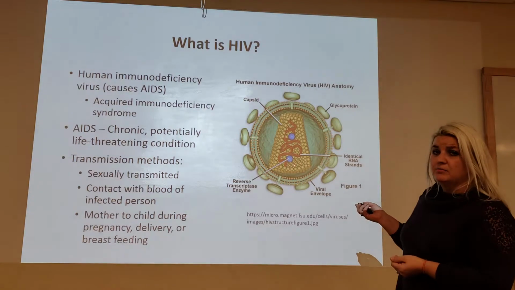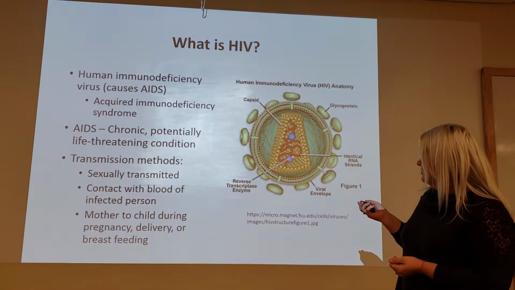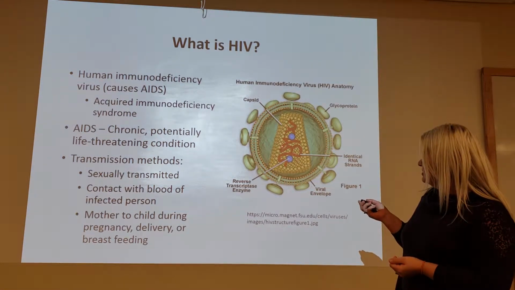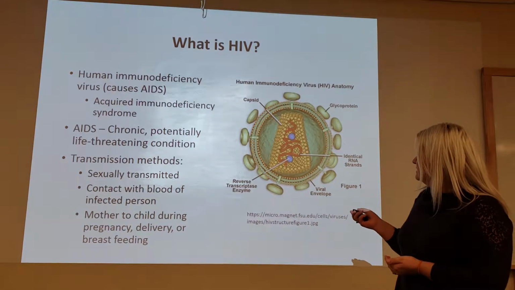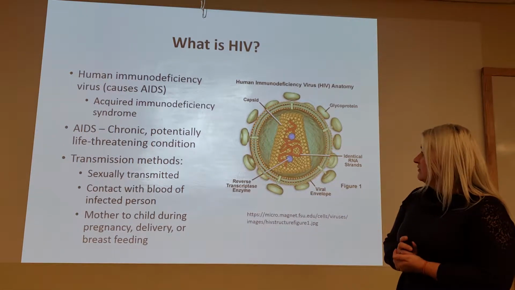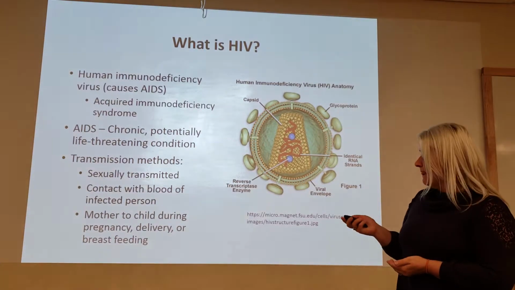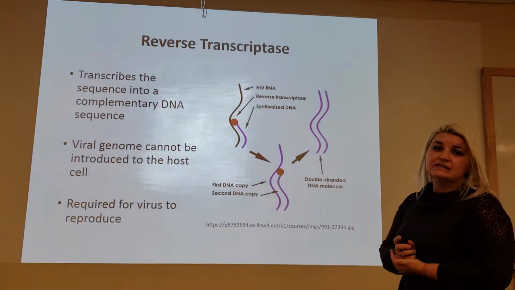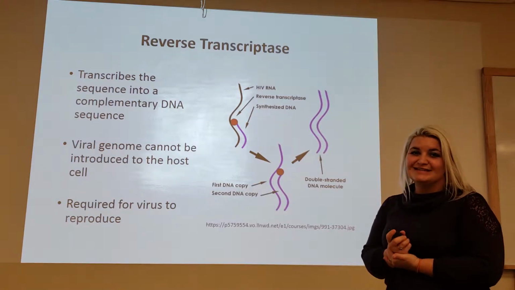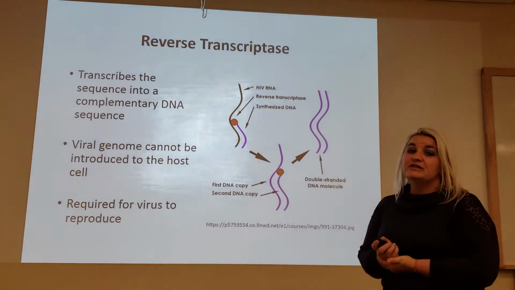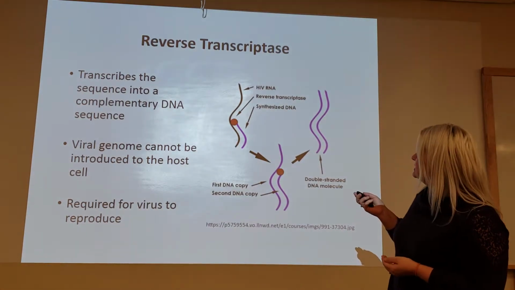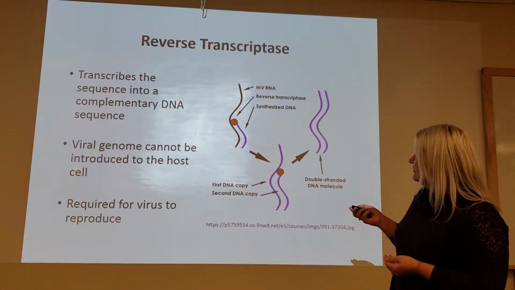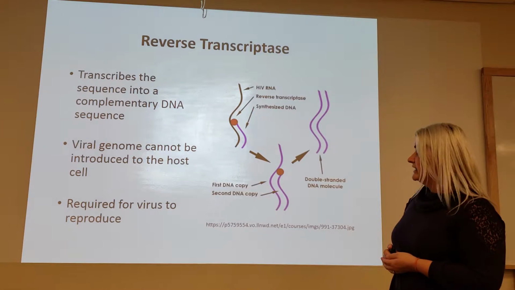In this diagram, you're going to see this blue circle that's attached to this red string. This red string, that is the reverse transcriptase enzyme. And what the reverse transcriptase enzyme does is it transcribes the sequence into a complementary DNA sequence. So here you have your HIV RNA strand, which is single-stranded.